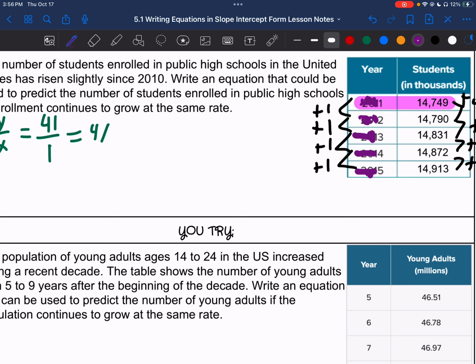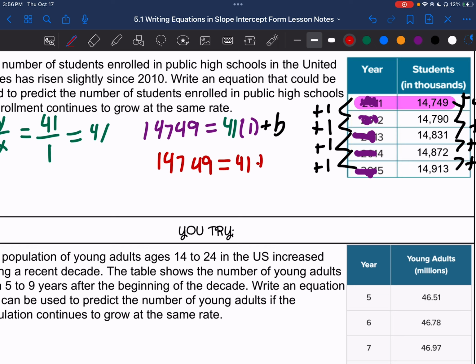So now in year 1, we have 14,749 students is equal to our rate, 41, times our number of years that have passed, 1, and we're adding our b value. So when you do the multiplication, it seems pretty obvious. 41 times 1 is 41 plus b, and then we're going to subtract 41 from both sides, and we get 14,708 is equal to b.